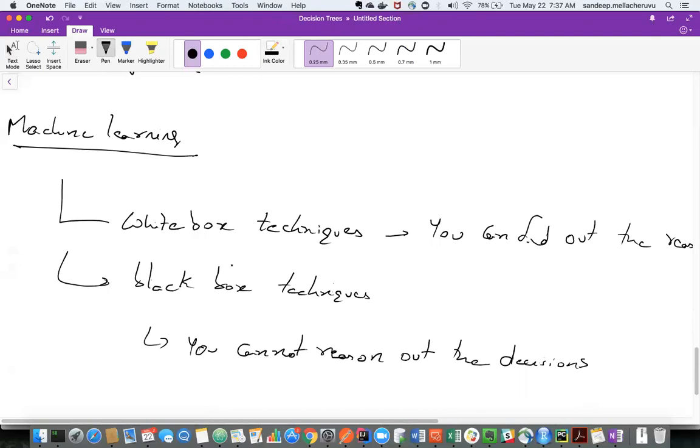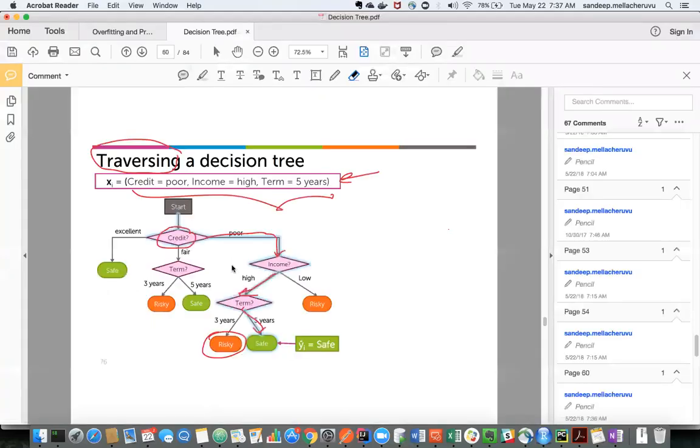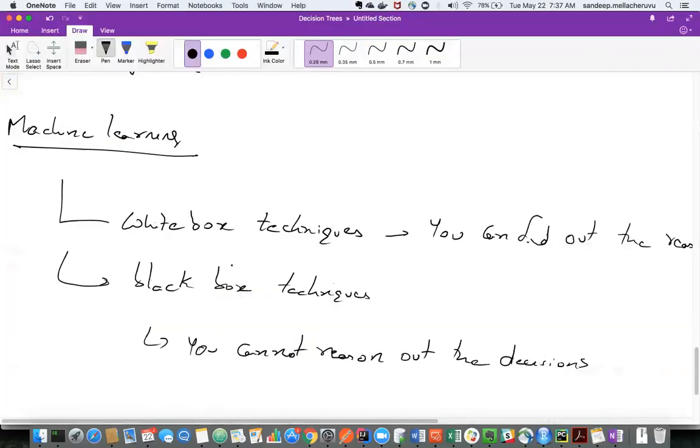White box techniques is something that if some decision is taken by that particular machine learning model, if someone questions you why is this way, you can go back to your decision tree or any other white box technique model and understand what really happened behind the scenes.